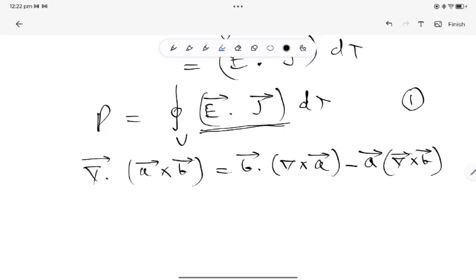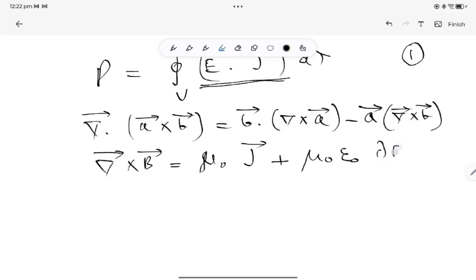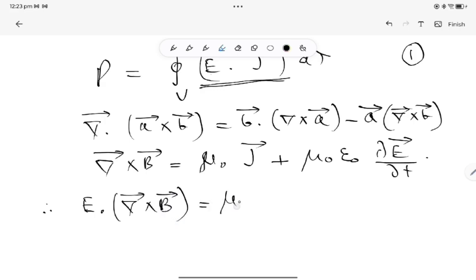That is, we will have to use Maxwell's fourth equation, that is del cross B is equal to mu naught J plus mu naught epsilon naught del E by del T. Taking the dot product of these two sides with E, so that we get E dot J here. Therefore, E dot del cross B.